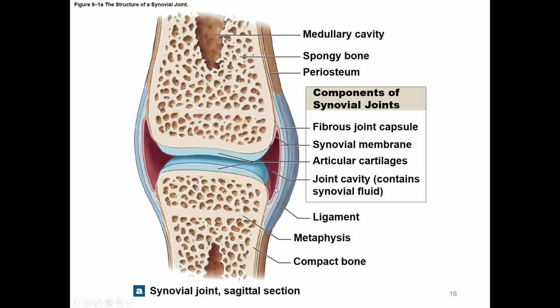The synovial membrane will produce synovial fluid, which is going to fill the joint space. We'll also see on the surface of bone a thin, shiny, and smooth cartilage called articular cartilage, and that is the cartilage that prevents bone-on-bone rubbing.